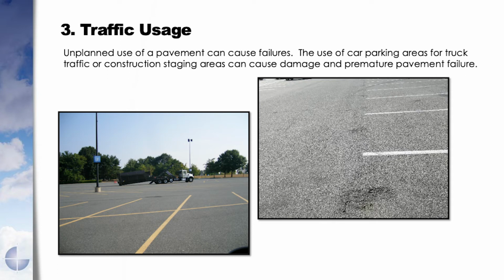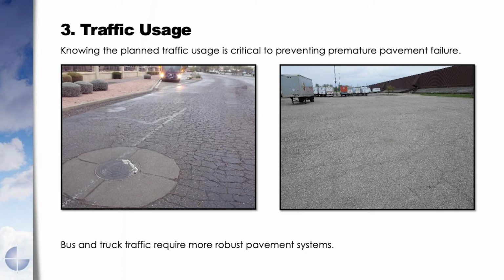So we need to know what traffic usage is on these lots, and that the wrong traffic usage is going to cause premature damage. Two more examples of how traffic usage can cause premature failures. The photograph on the left shows an outer ring road at a mall.